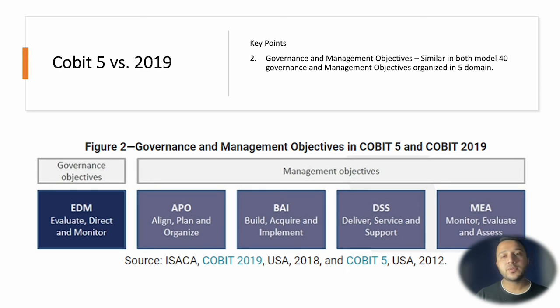So it has been increased from 37 to 40. Previously also there was this governance and management framework, but in the new one it has increased, and it is being organized into 5 domains, which is reflected in the below picture.